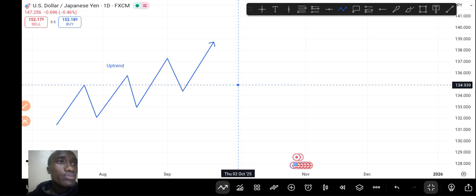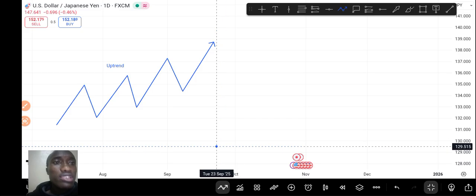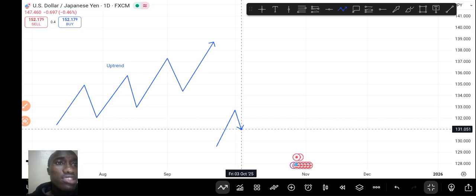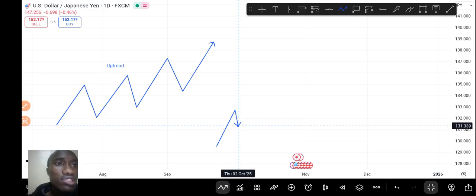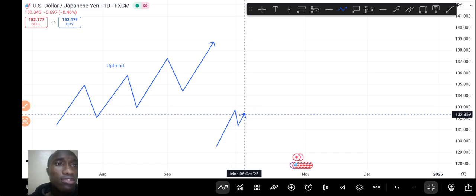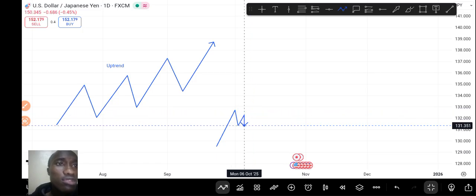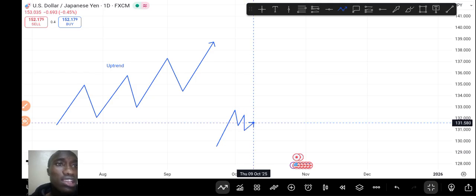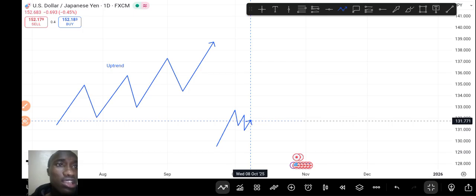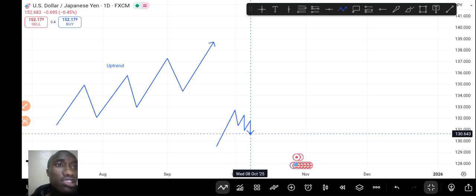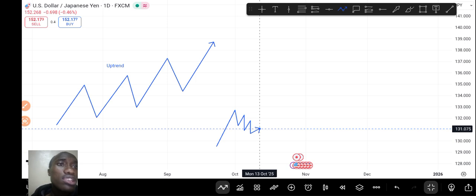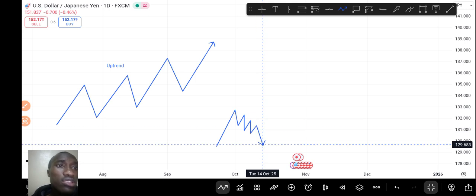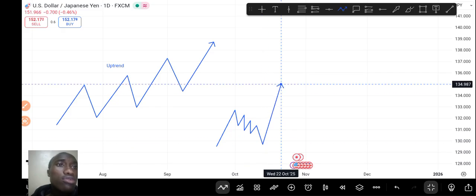For example, we can have an uptrend like this one, but when it is retracing, it is making some small retracements, and inside the larger uptrend there's a smaller downtrend, and then it taps into some order block, and then it moves, boom.